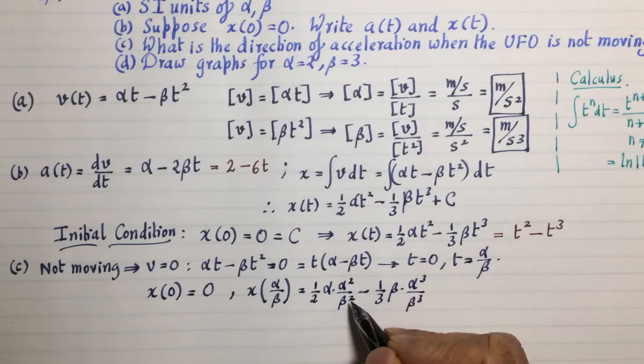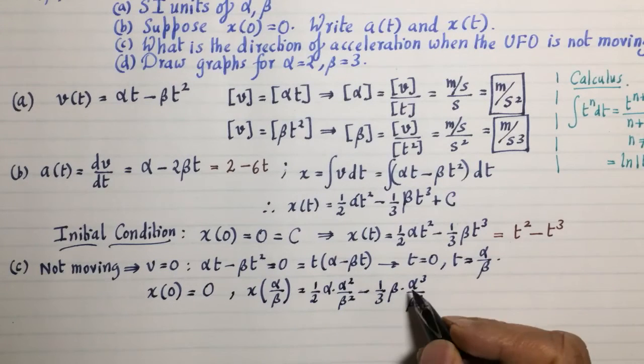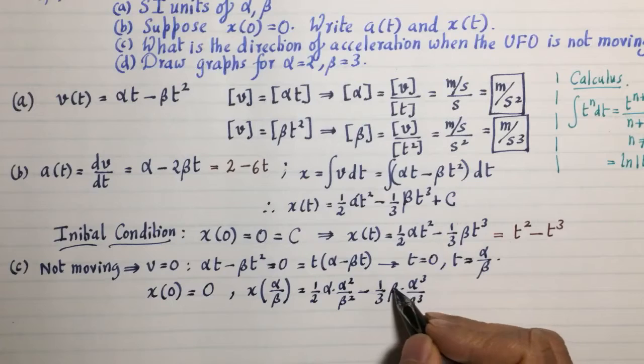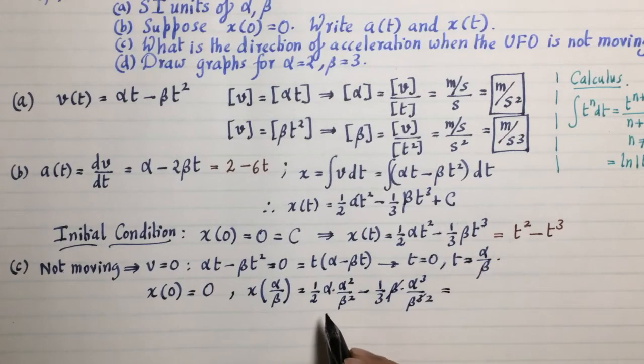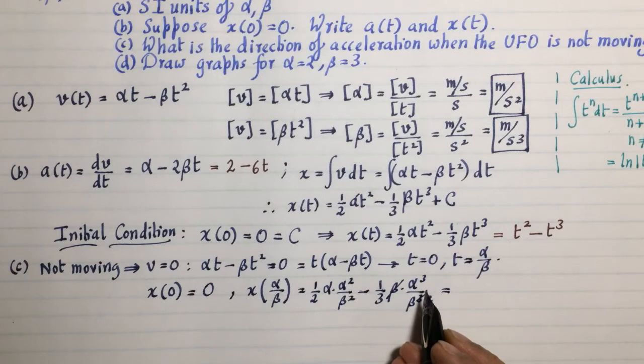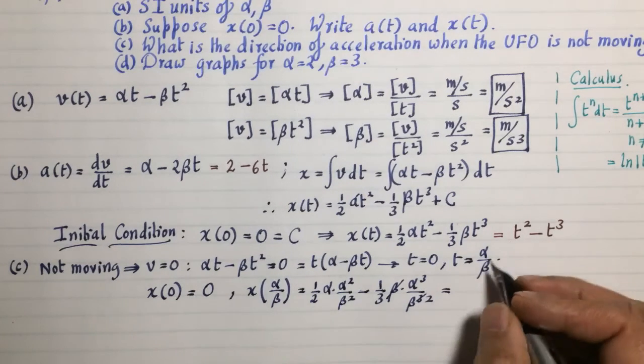So I get alpha cubed over beta squared there, so I better get the same thing here, and I do. So I get 1/2 alpha cubed over beta squared minus 1/3. So half minus 1/3 is, I guess, 1/6.